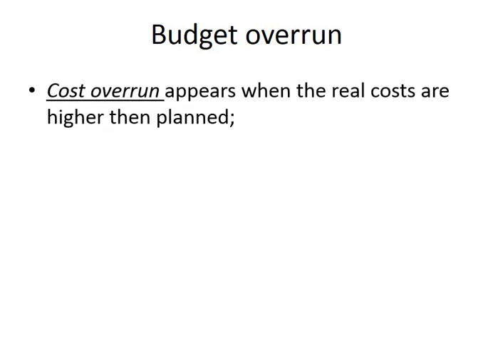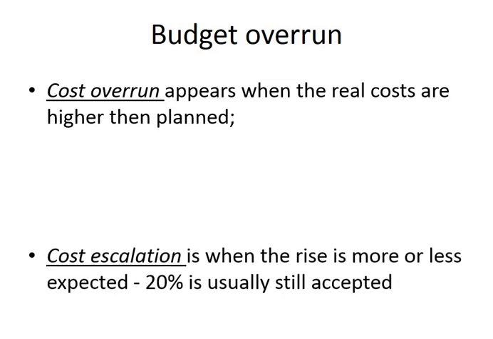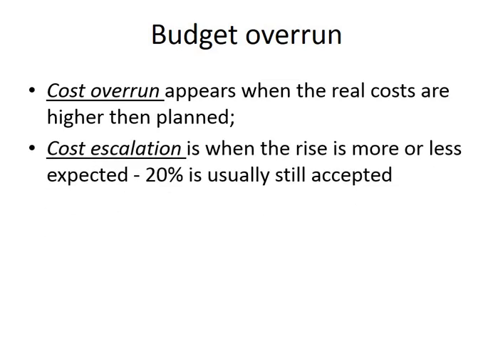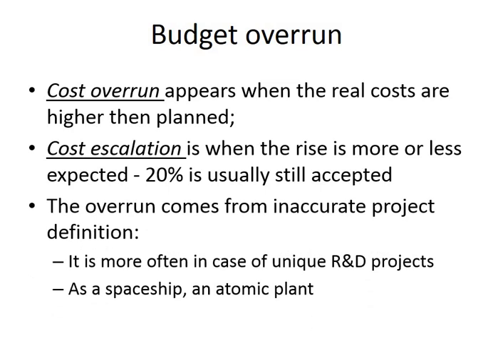Because things are not that easy. We speak of cost overrun when the real costs of our project are higher than planned. We can also speak of cost escalation when they are higher by more than 20%, which is a lot. And it can come from different sources that we can divide.